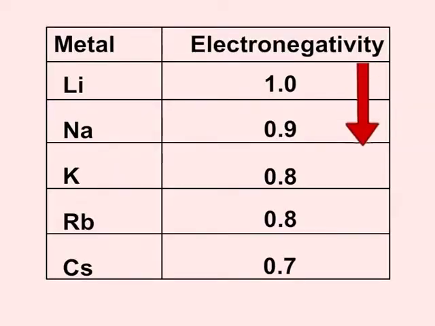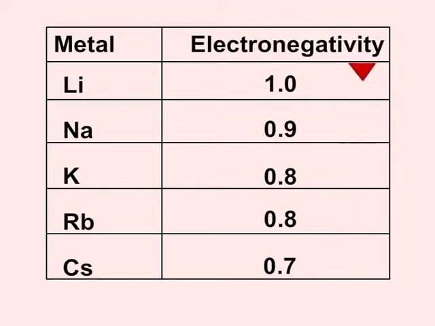Let's now learn about electronegativities of alkali metals. Alkali metals are highly electropositive, which means they have a tendency to lose electrons. But if we discuss electronegativities in them, we find that their electronegativities are very low.